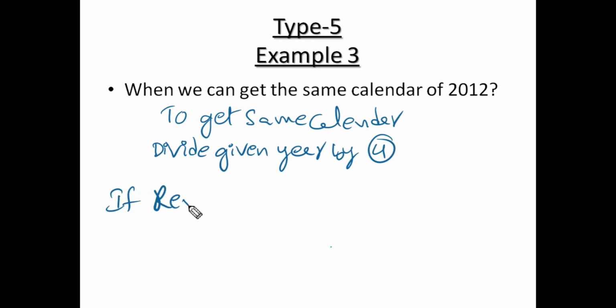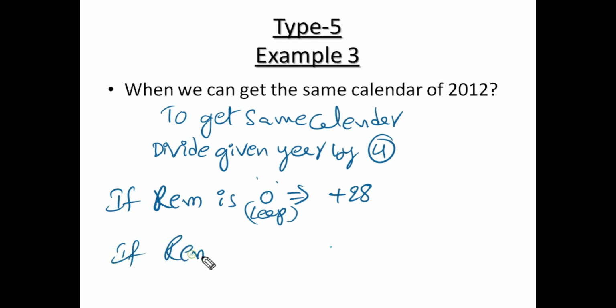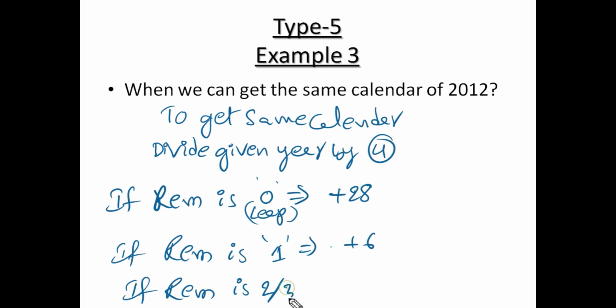If the remainder is 0, which is nothing but a leap year, simply add 28. If the remainder is 1, add 6. If the remainder is 2 or 3, add 11. That's all.